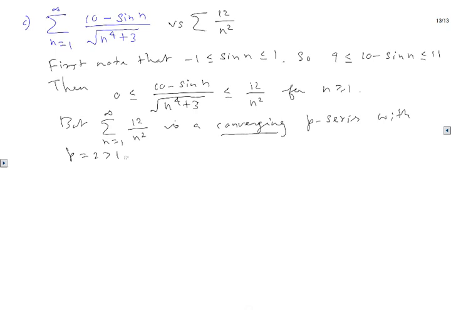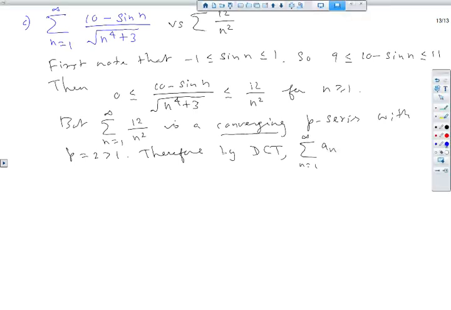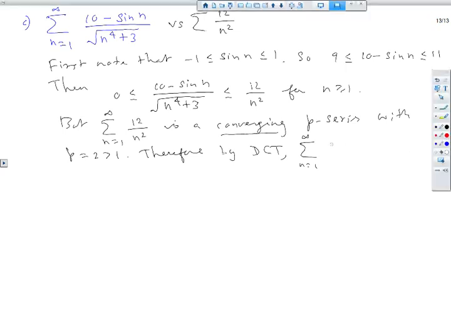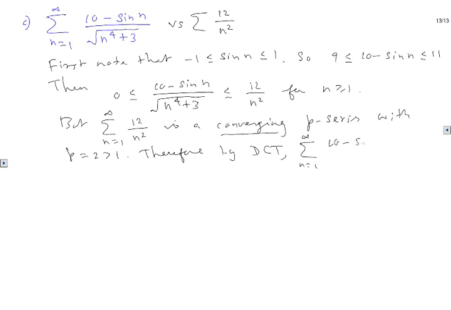So therefore, by the direct comparison test, sigma n going from 1 to infinity, you can just call it a_n, or if you want to do a good job, you can repeat it here: the square root of (10 minus sine n) over (n to the 4th plus 3) converges.